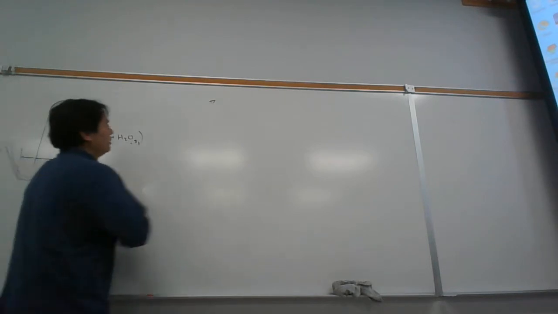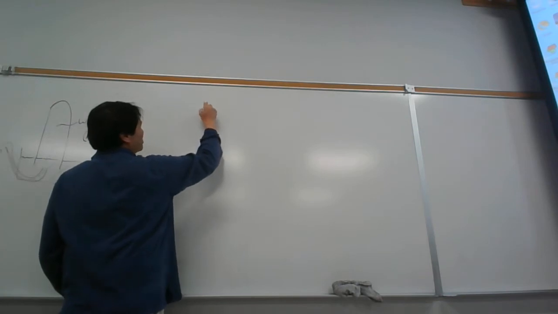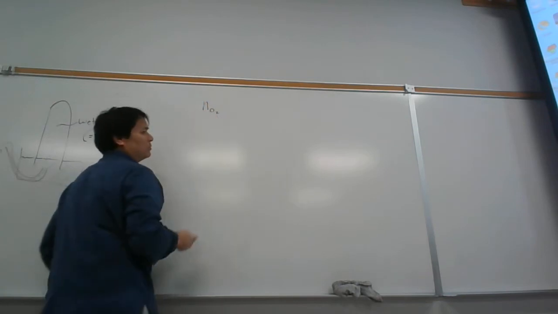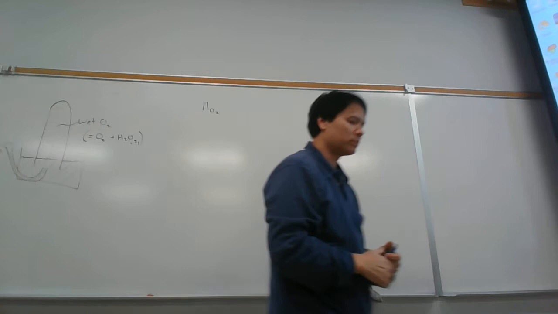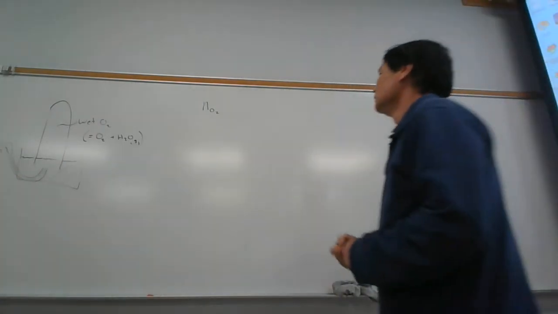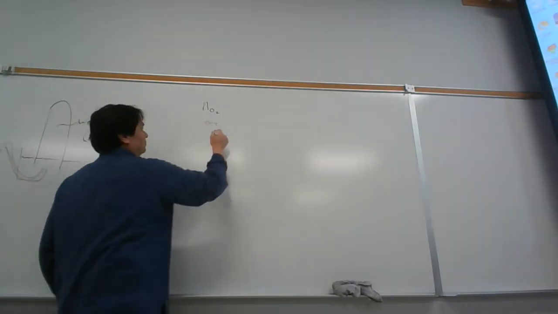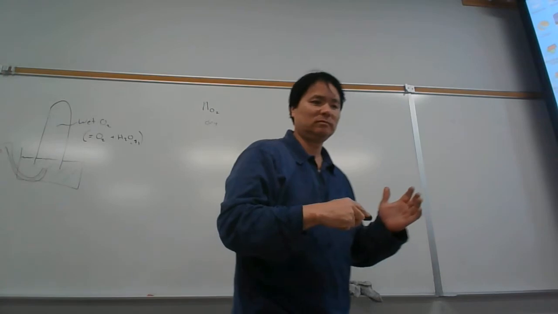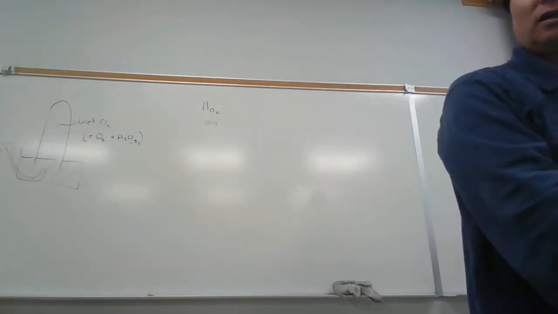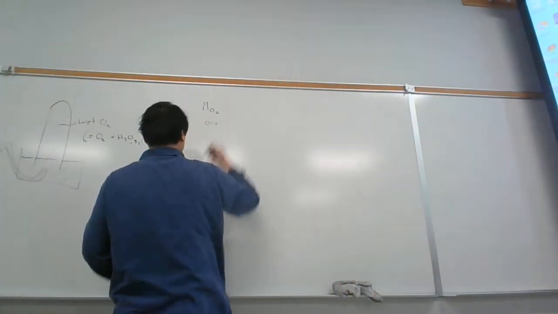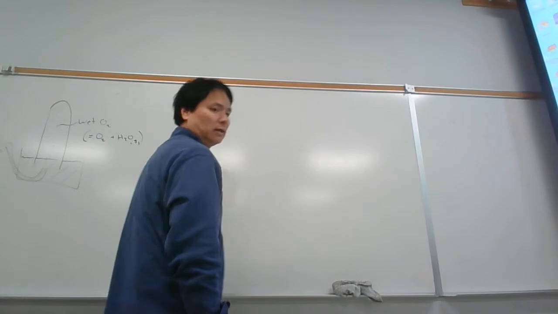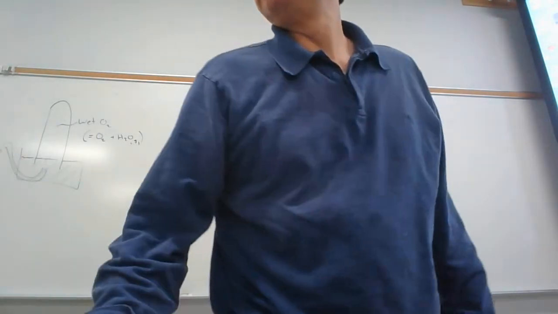And so we want to know the amount of oxygen. The amount of oxygen is moles of oxygen. If we do stoichiometry, we need to know how many moles of oxygen we have. So this is going to be the moles of dry oxygen. What is it going to equal?